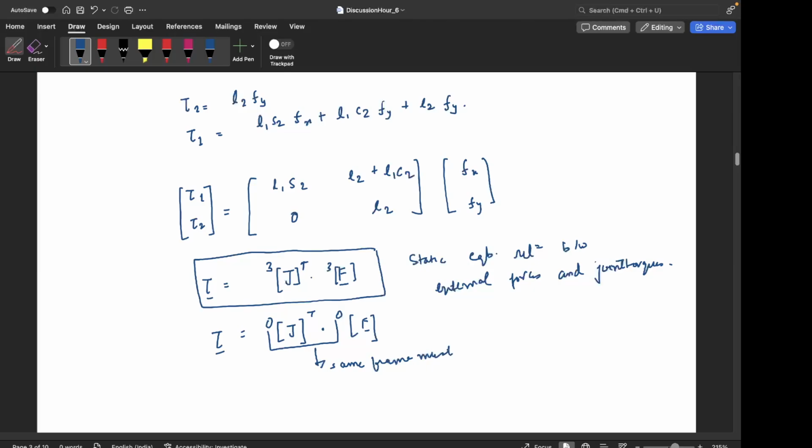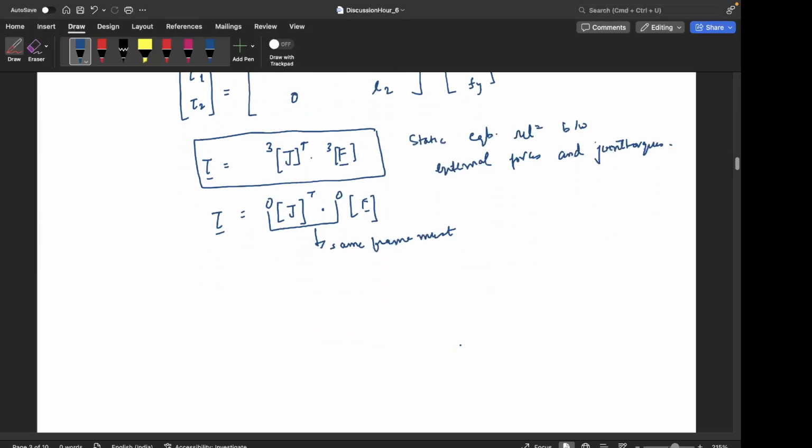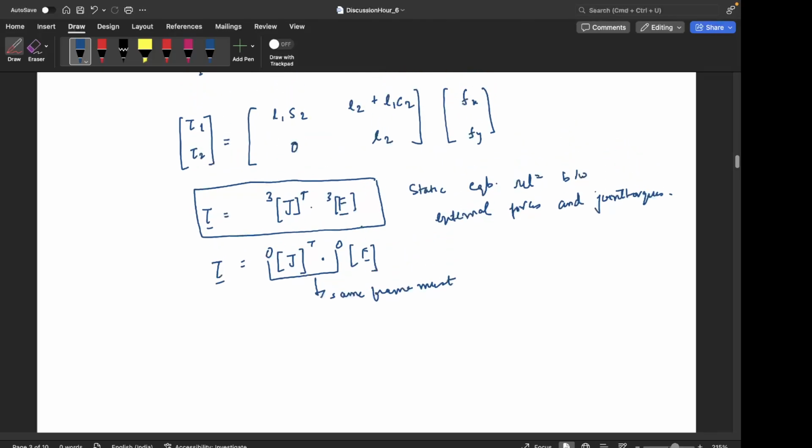Only then will we get the correct joint torques. So if we express the same forces in the zeroth frame and the same Jacobian in the zeroth frame, then we will get the same joint torques.